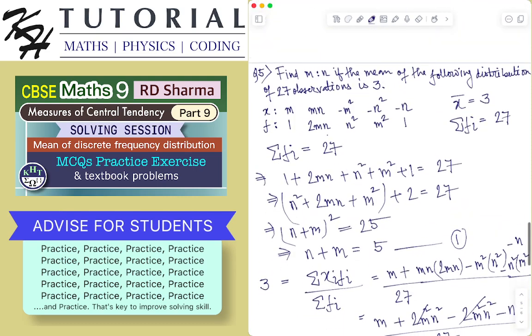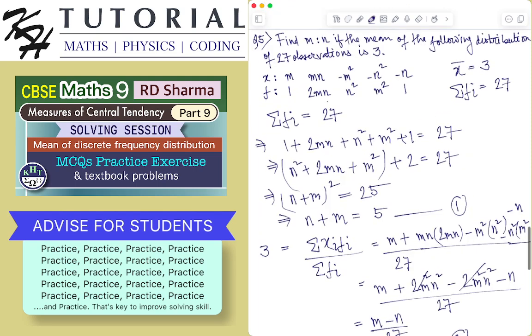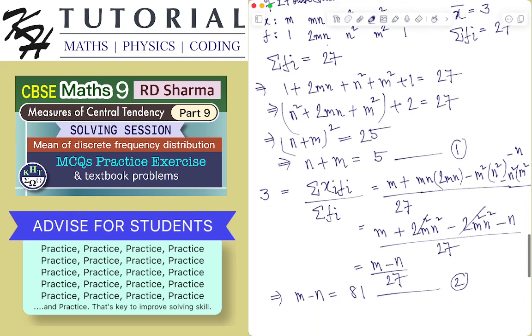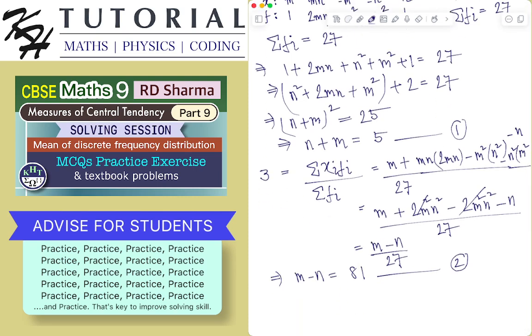The mean of the following distribution of 27 observations is 3. The mean is 3. I think I did something wrong in framing the question, because it is coming out to be that m plus n is equal to 5 and m minus n is equal to 81.